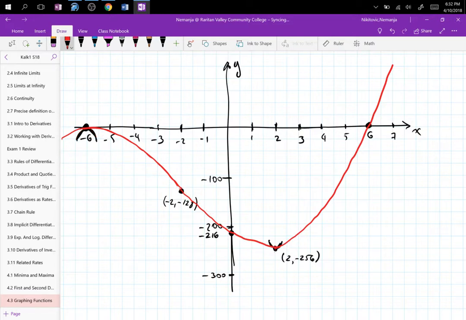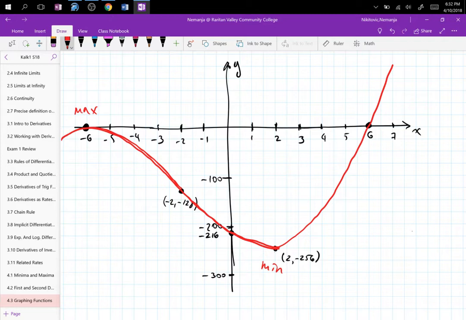Much better job on drawing the function. And then we can erase all of the little constructions that we needed. And you have your max, and you have your min, and you have your X-intercept, Y-intercept, and all of that.